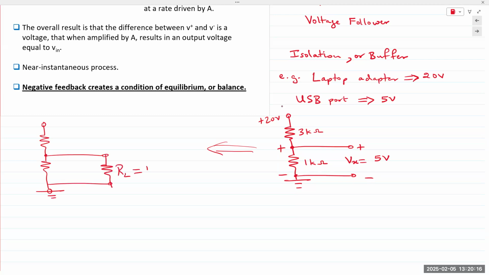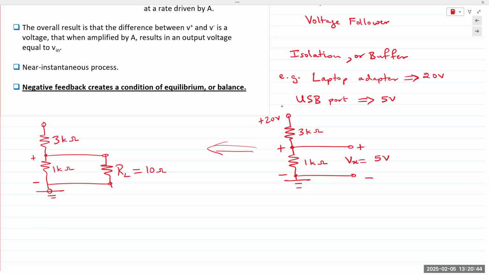If you plug in a load of 10 ohms, that effectively reduces the bottom resistor to less than 10. Our REQ of two parallel resistors would always be smaller than the smallest value. So if your load is 10 ohms, that 1 kilo ohm resistor is effectively bypassed. All of the current flows through that 10 ohm resistor.